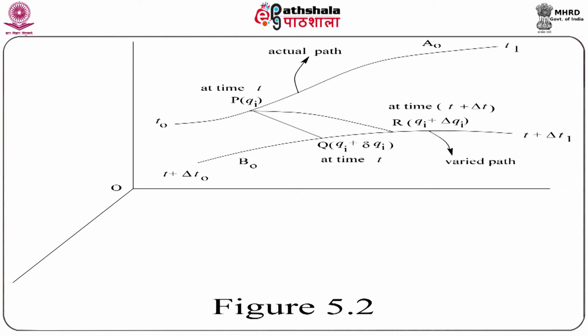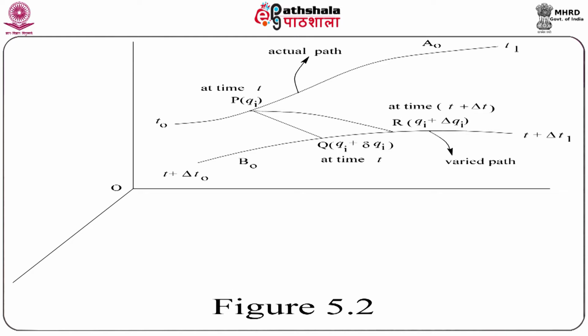Then from the figure it is clear that triangular delta qi equals Kronecker delta qi plus qi dot into triangular delta t. This is the relation between the triangular delta and Kronecker delta variations.